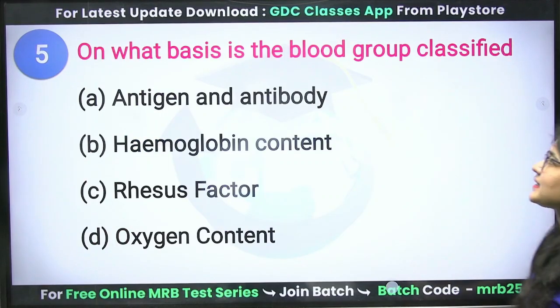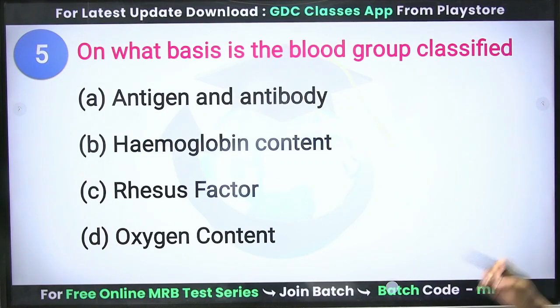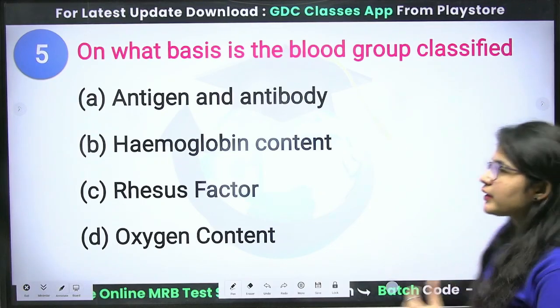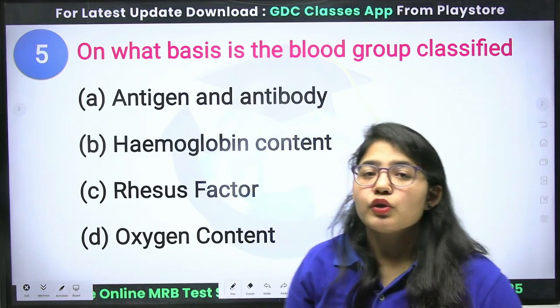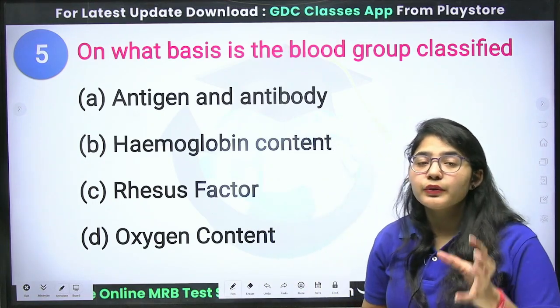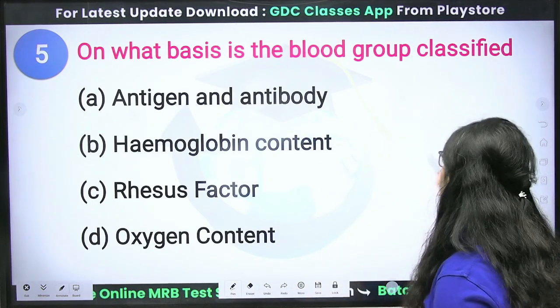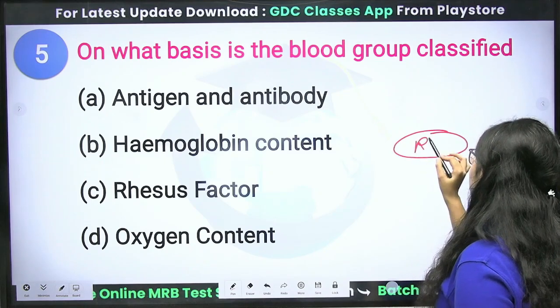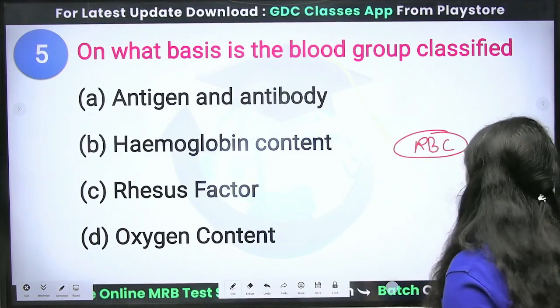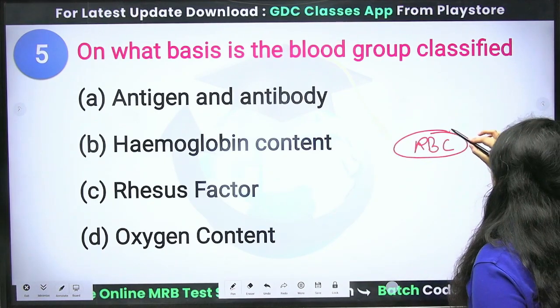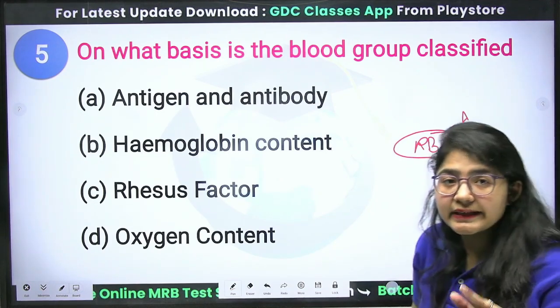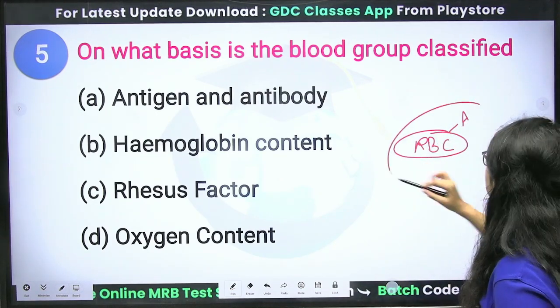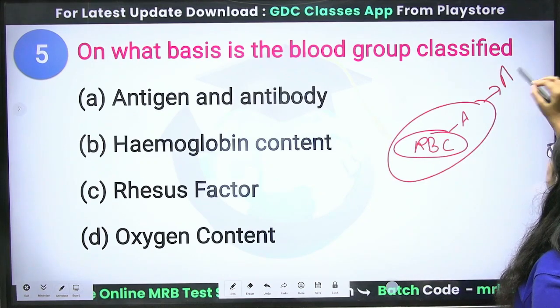On what basis is the blood group classified? Important question. See, we know different types of blood groups are there, that is A, B, AB and O. On what basis do you name these blood groups? We have the red blood cell, that is RBC. If this RBC contains an antigen A, remember antigen, that means this is a blood group known as A blood group.